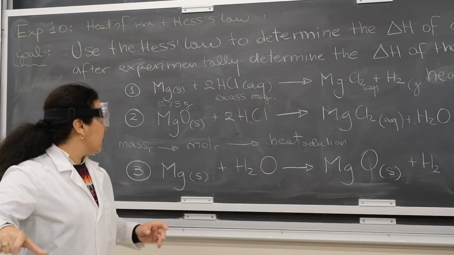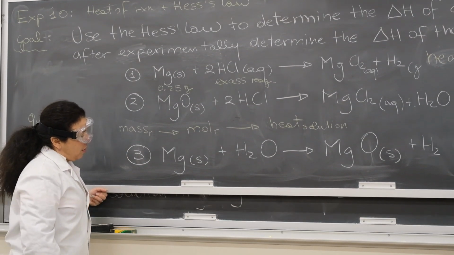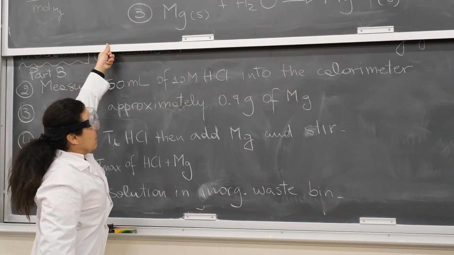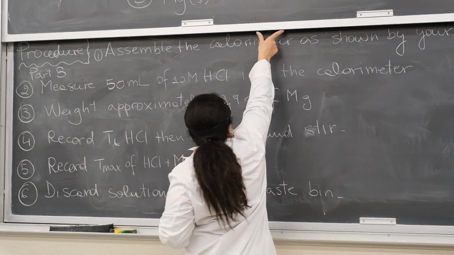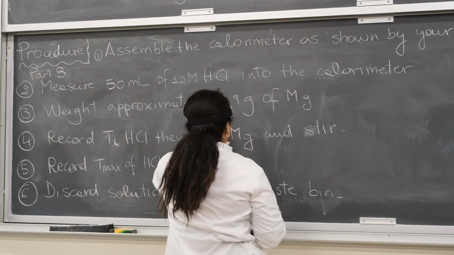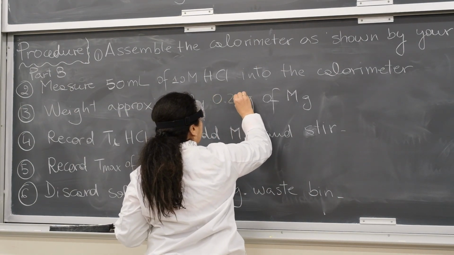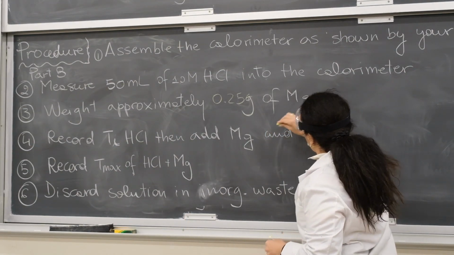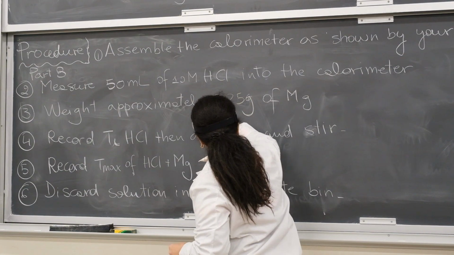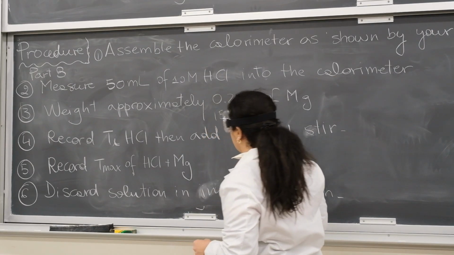Okay, so in the second case, you're measuring, I don't remember exactly. So, okay, this is 0.25 grams of magnesium, or 15 centimeters of magnesium.